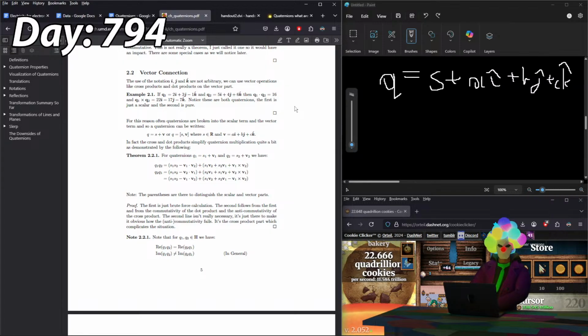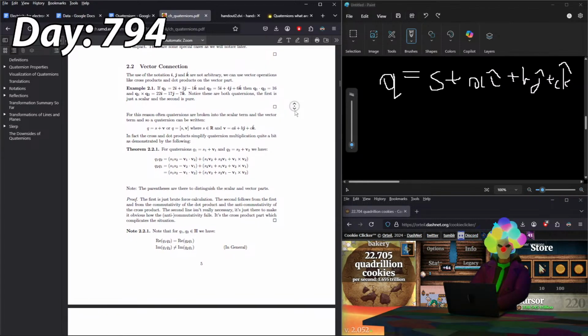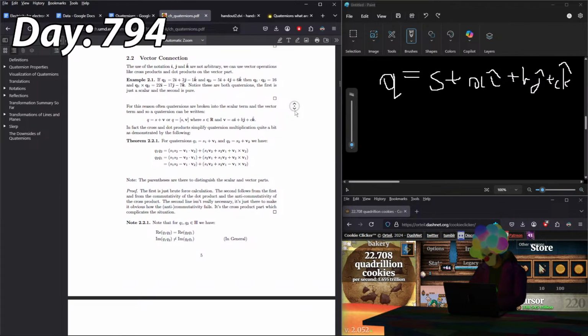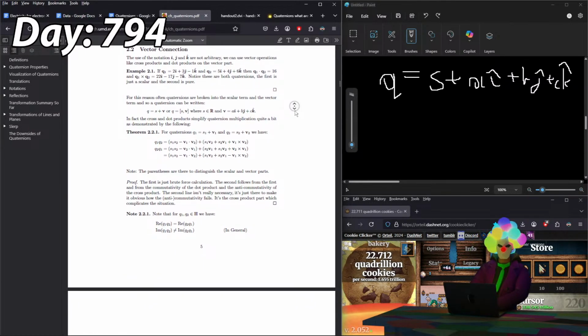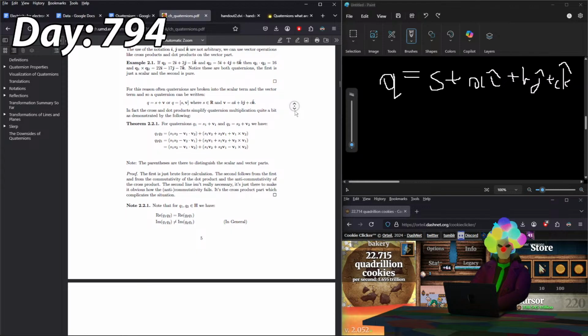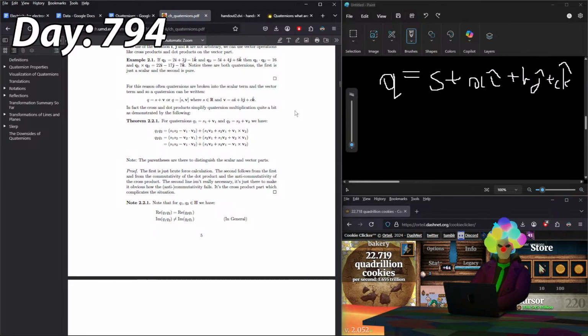Alright, okay, makes sense. So cross and dot give you the vector and the scalar. In fact, the cross and dot simplify multiplication quite a bit, as I'm showing in the following. Right, makes sense.